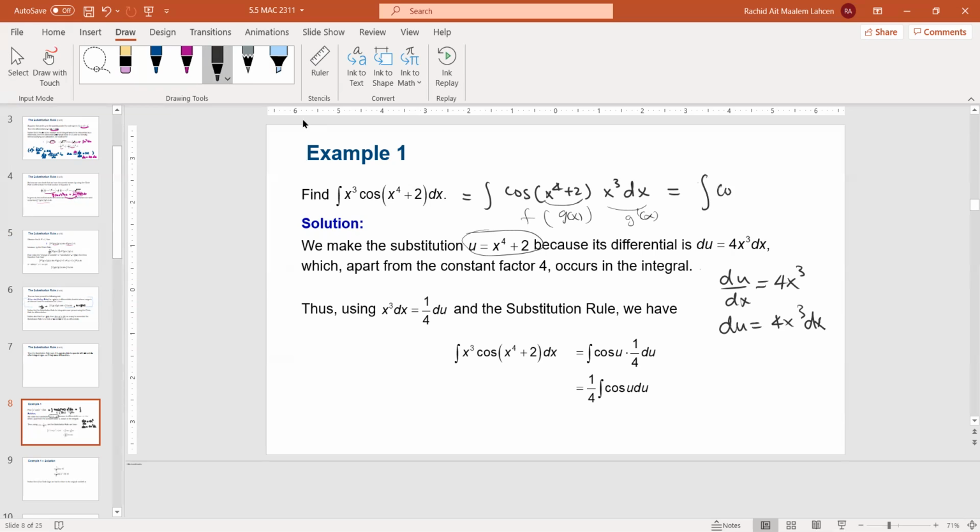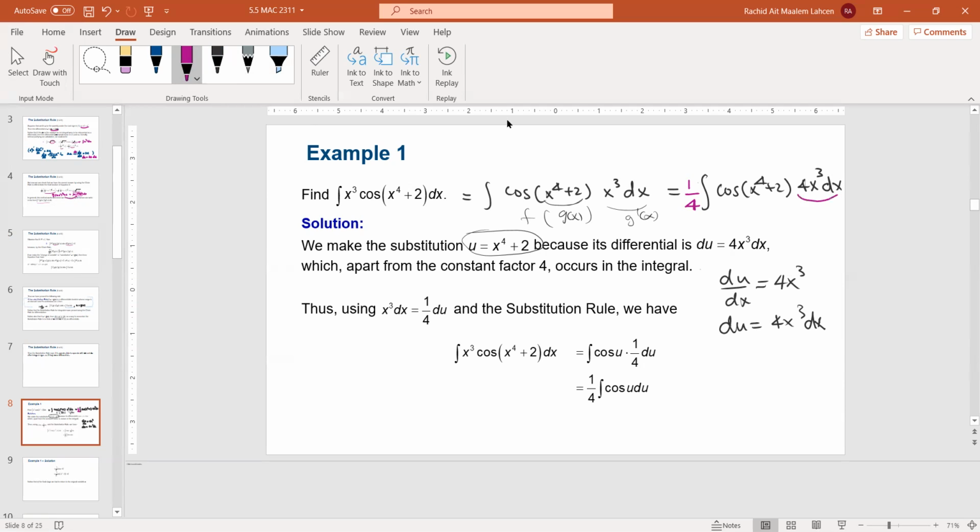But of course, when you put a 4 there, you change the value of this integral, or you change the output. It won't be correct. So you need to cancel the 4 by multiplying by 1/4, right?